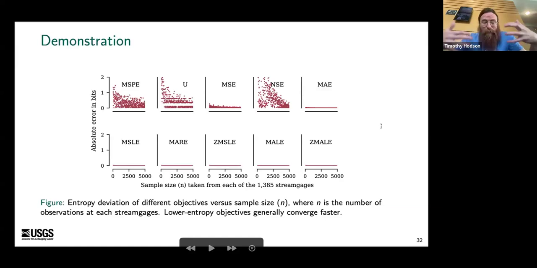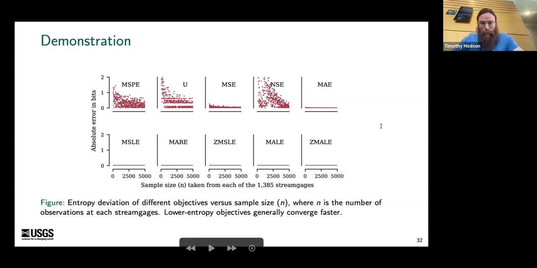And again, keeping to toy demonstrations, what might be the effect of said noise? Well, one effect is just your ability to define your objective function itself. So here I've done a sampling experiment where I've taken different sample sizes, up to 5,000 samples from each of these stream gauges, and for each one, computed the relative error in each of these objectives.